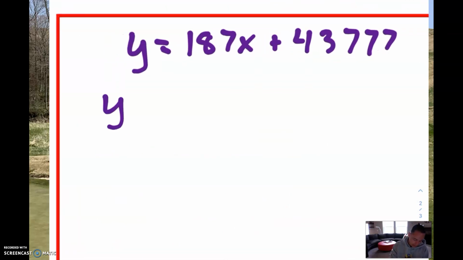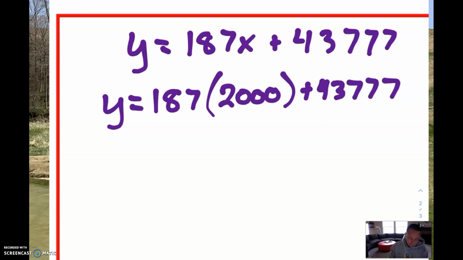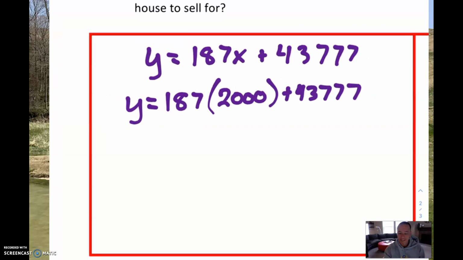So we'll rewrite it. All we did there was replace the x with 2,000.